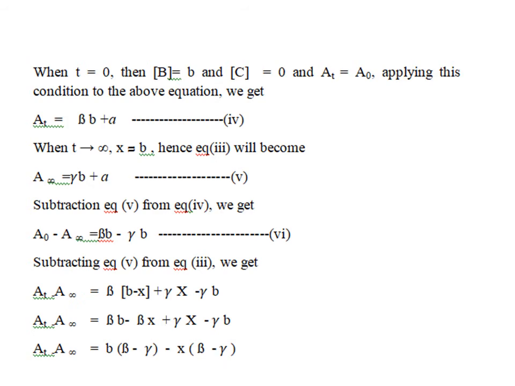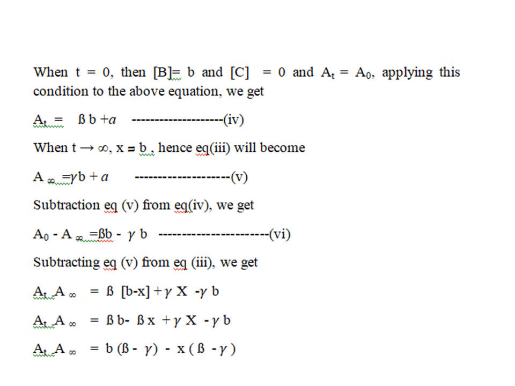Now dear students, subtracting equation 5 from equation 3, we get absorbance at any time t minus absorbance at infinity equal to beta into (b minus x) plus gamma x minus gamma b. Again, open the brackets: beta b minus beta x plus gamma x minus gamma b.